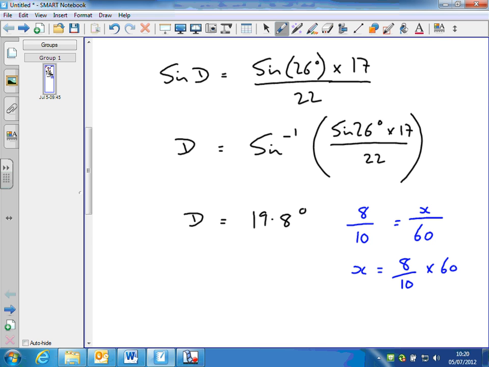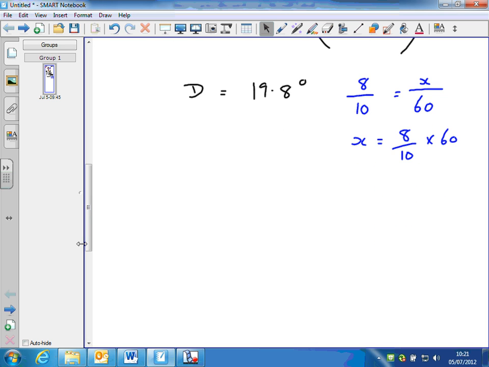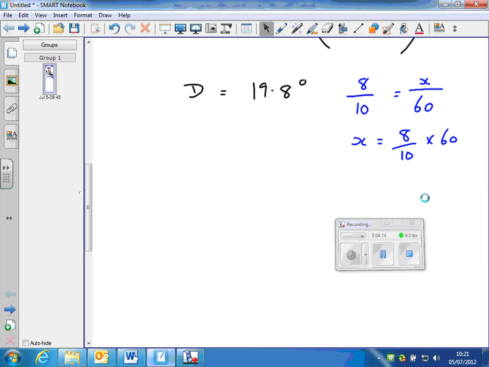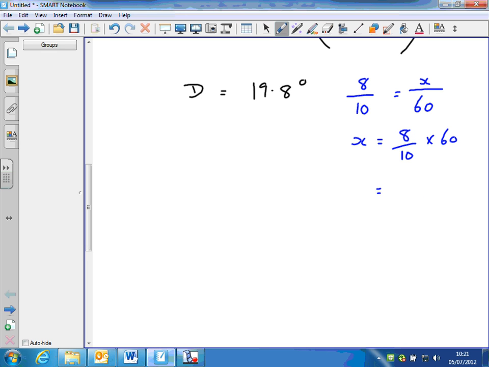So it's 0.8 times by 60 will give me the fraction of the degree in minutes. And that equals 48 minutes. So D equals 19 degrees 48 minutes.